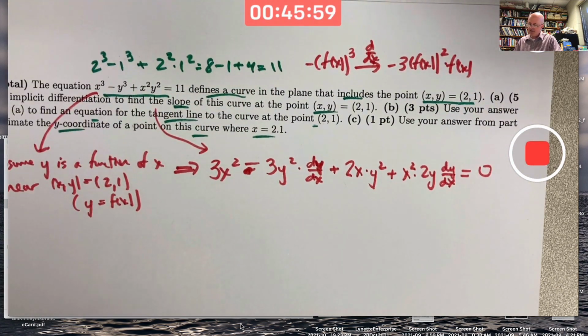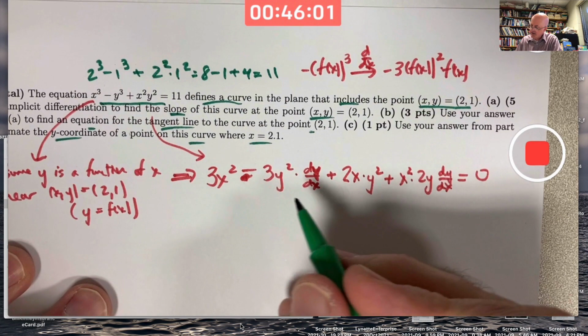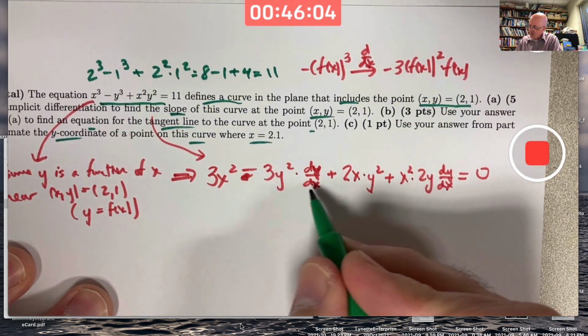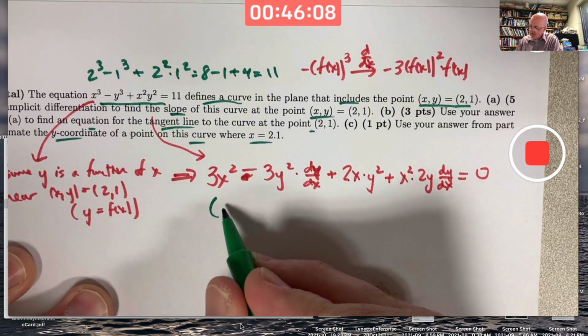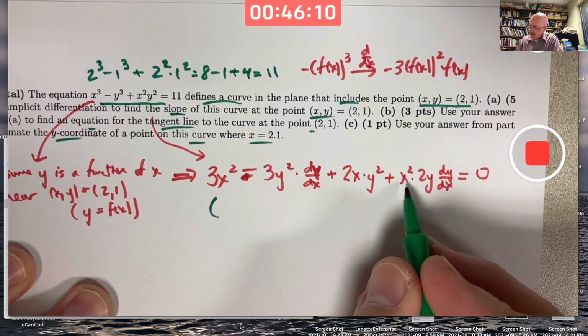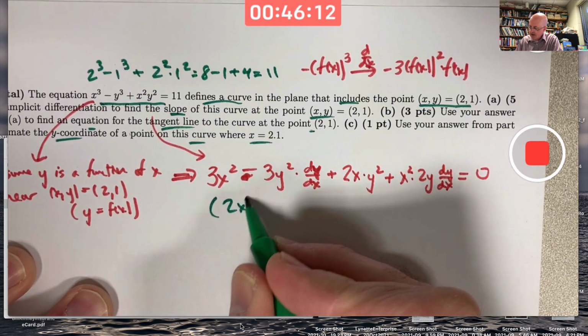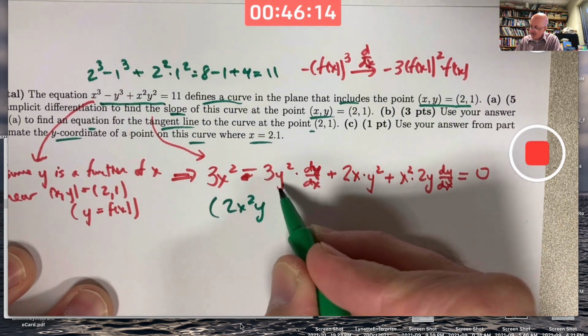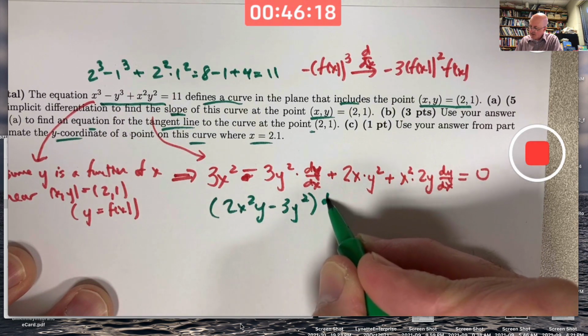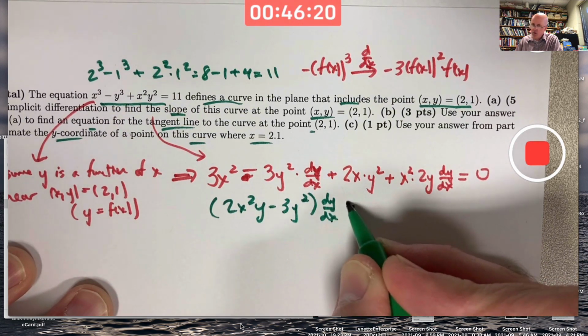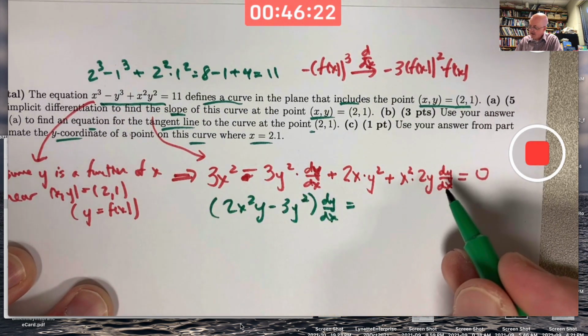You want to find the slope, so you want to find dy dx. There's two terms on the left that involve dy dx. Let me factor out the coefficients of dy dx. It's 2x squared y from this term, minus 3y squared from this term, times dy dx. Move the terms that do not involve dy dx to the other side.